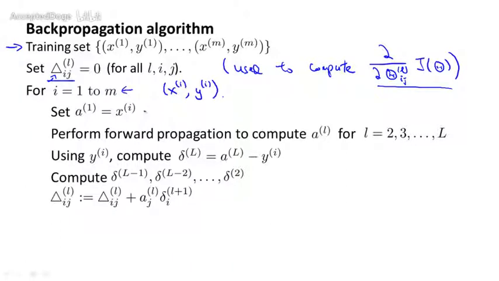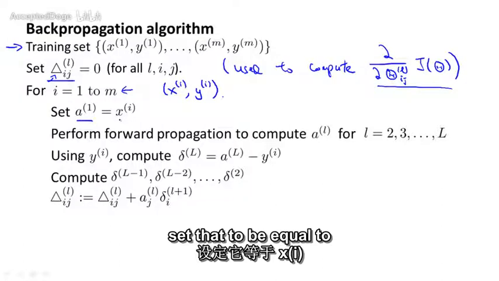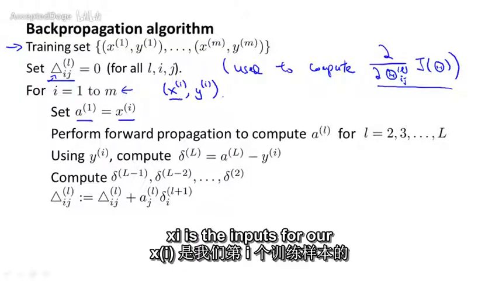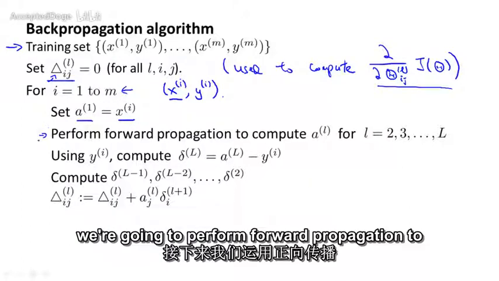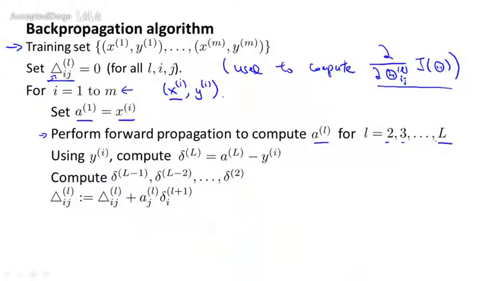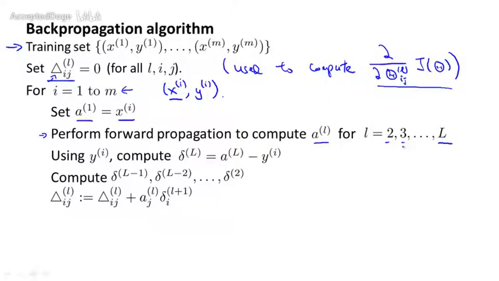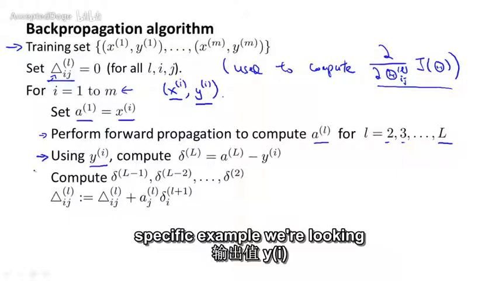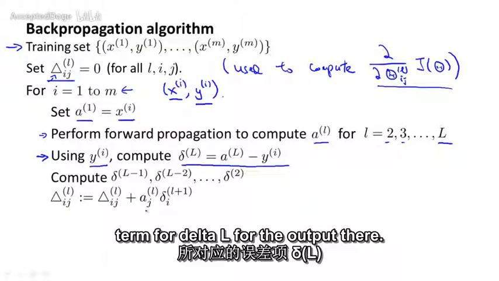The first thing we do is set a1, the activations of the input layer, equal to xi, the inputs for our ith training example. Then we perform forward propagation to compute the activations for layer 2, layer 3, and so on up to the final layer, layer capital L. Next, we use the output label yi to compute the error term delta L for the output layer.